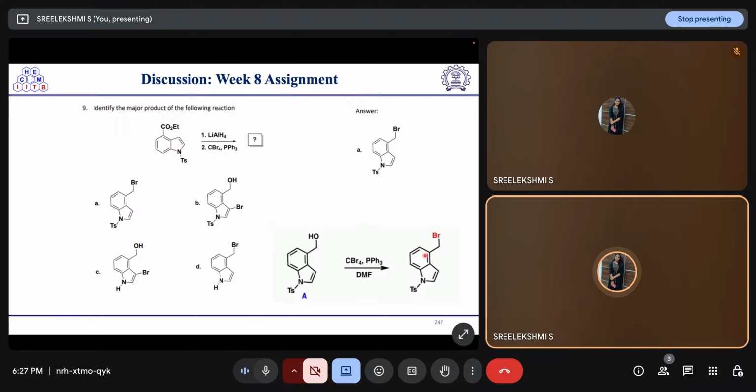So here, first LAH will reduce this ester into alcohol, and CBr4 with PPh3 will convert it into bromide. The first step is reduction of the ester and the second one is the Appel reaction. So the correct answer is option A.